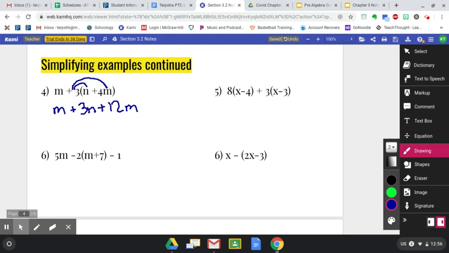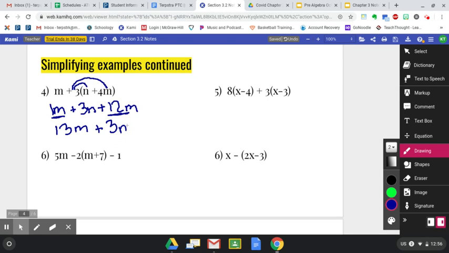Now, again, to get it in simplest form, I have to have one of each term. If you notice, I have an m and a 12m, right? And remember, if there's not a coefficient, it's understood to be a 1. So I'm going to take that 1 plus 12 and get 13m. And then I have this positive 3n.